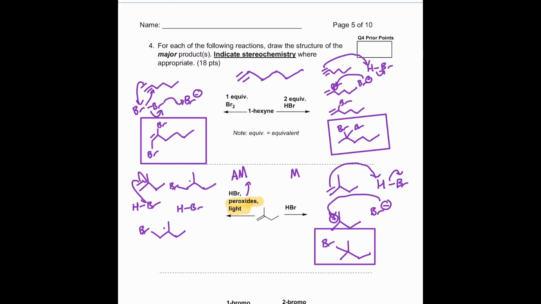We need to satisfy this radical here, so our radical is going to grab this hydrogen, and those electrons are going to go to our bromine. Or that one electron, sorry, it's a fishhook. So basically, our answer is going to be this, and then our bromine here.